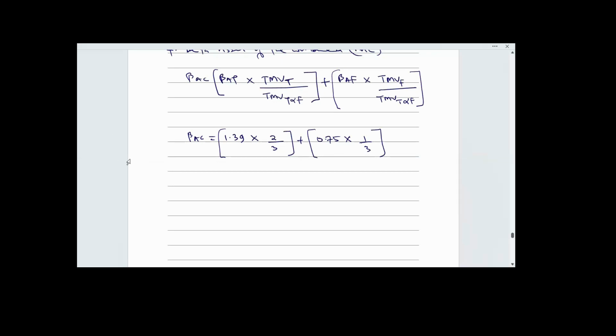Therefore, I'll bring out my calculator. The beta asset of the combined will then be equal to 2 divided by 3 multiplied by 1.39 equal 0.93, plus the other side, 0.75 divided by 3, 0.25.